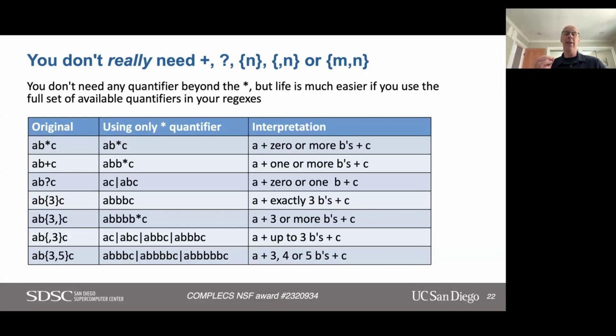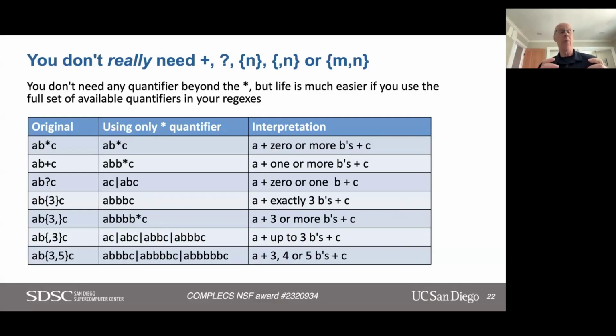And then when we get into that curly brace notation for specifying a specific number or a range of counts, if we don't use the full range of quantifiers, if we're using just the star, we're going to need to start writing things out explicitly. So for example, AB, and then 3 in the curly braces, C, we need to write out that string explicitly.